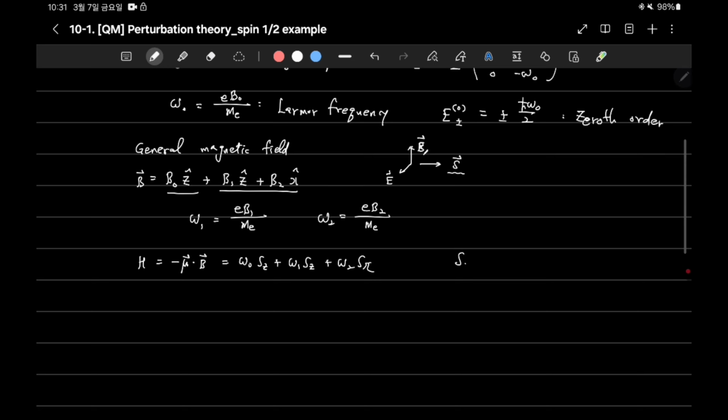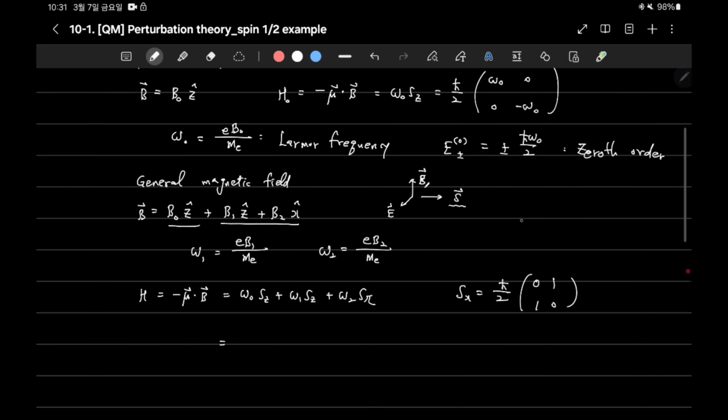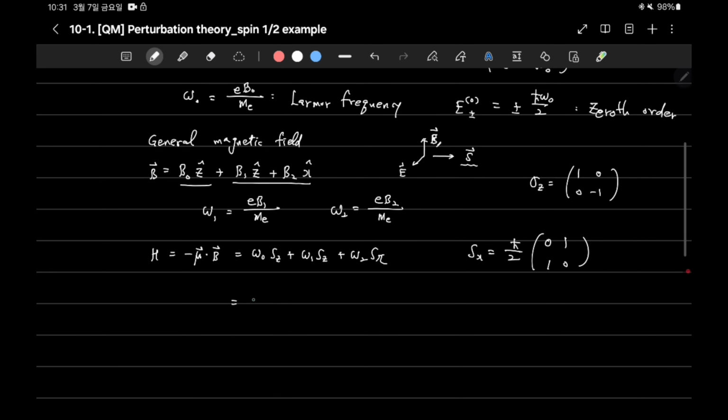From the Pauli matrices, Sx is one half times 0 1 1 0, and Sz is one half times 1 0 0 minus 1. So it is one half h bar times omega 0 plus omega 1, minus omega 0 plus omega 1, and Sx gives omega 2 and omega 2.